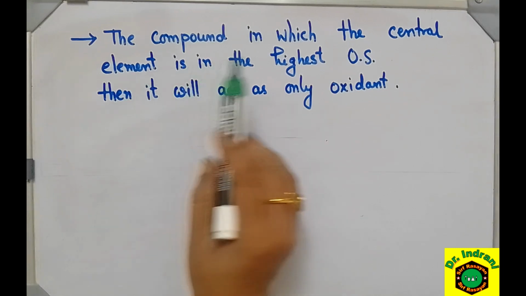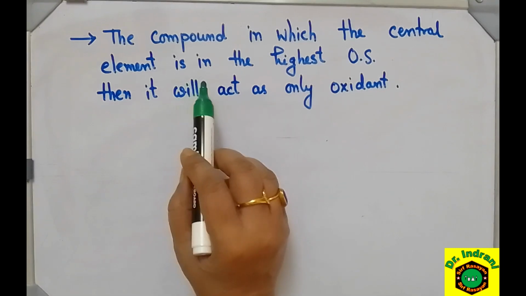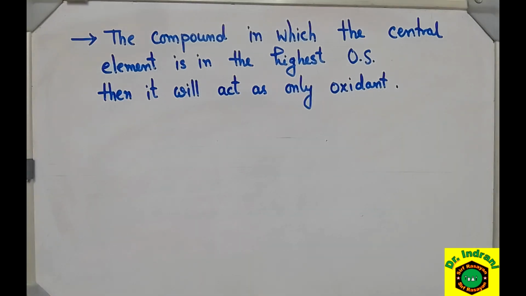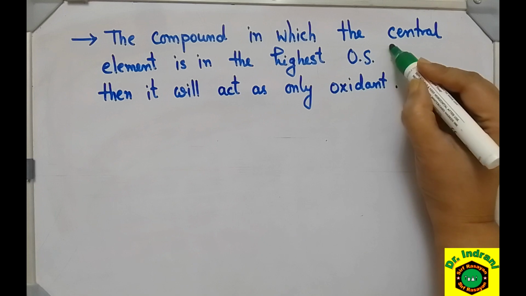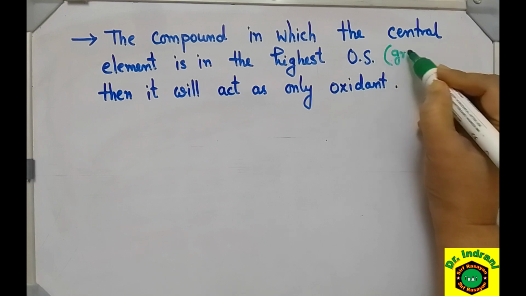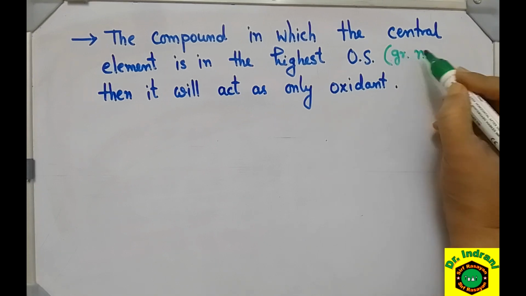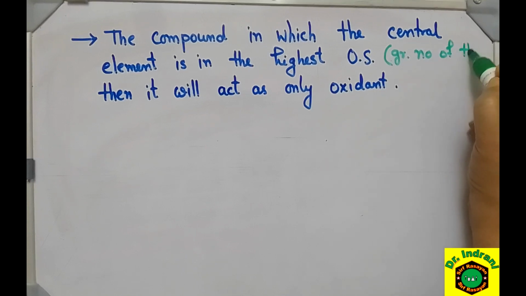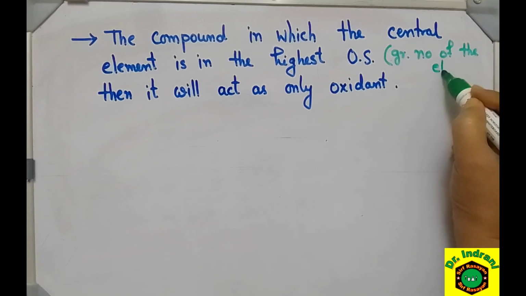The compound in which the central element is in highest oxidation state. How you will understand highest oxidation state of an element? Group number of that element is the highest oxidation state of the element.